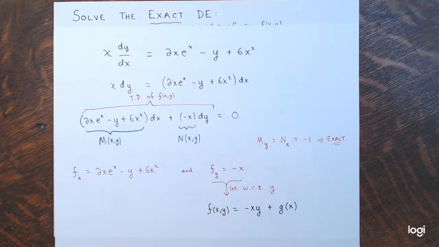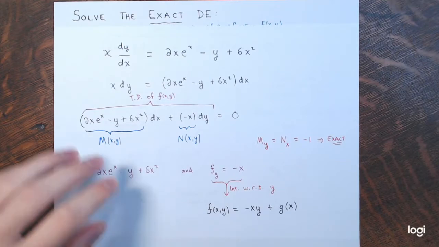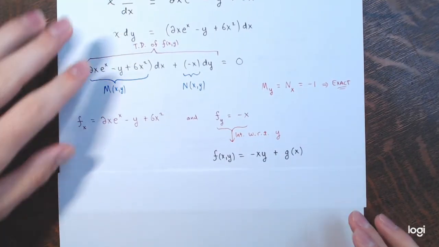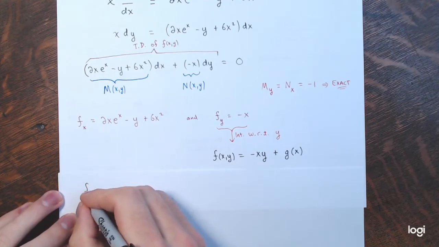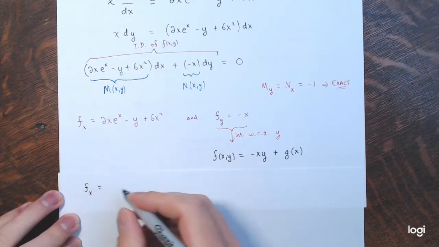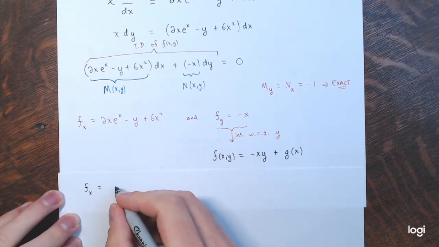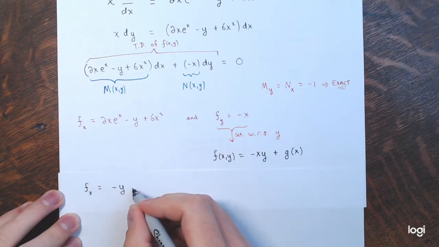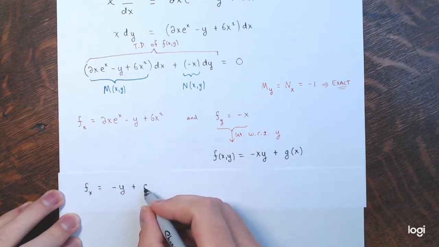So now, using the form that f of xy is taking, I take the partial of f with respect to x. So that'd be negative y plus g prime of x.